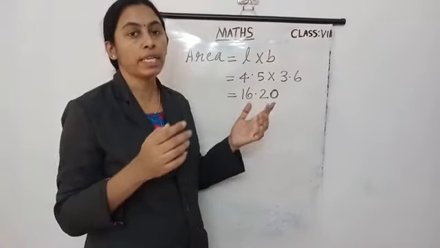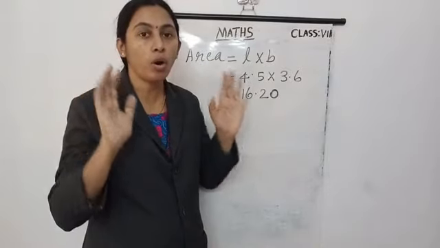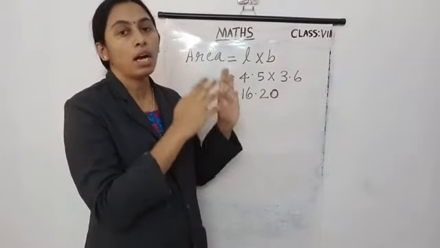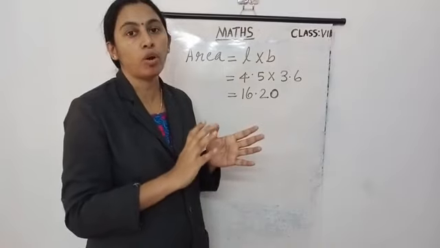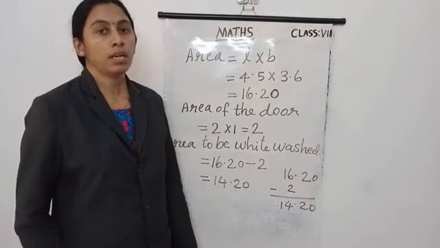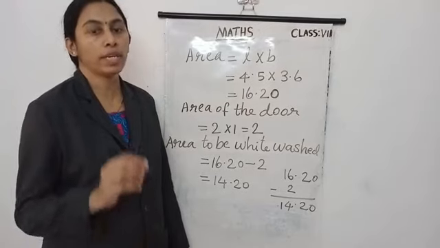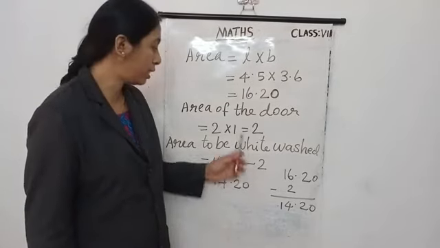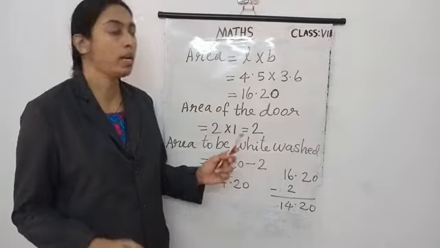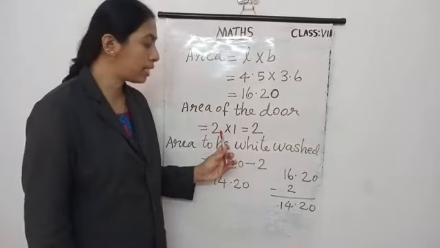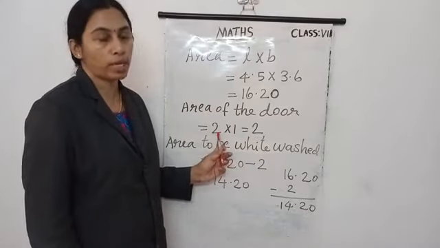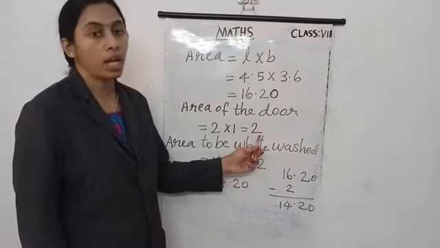From this we get the area of the wall only. So next step is to find the area of the door. The door is also in the shape of a rectangle and its length and breadth are given. Length and breadth are 2 and 1. So area of the door is equal to length into breadth, equal to 2 into 1, equal 2.